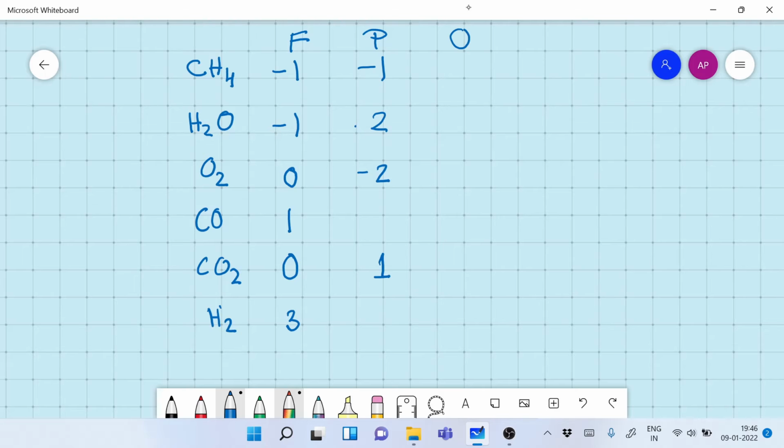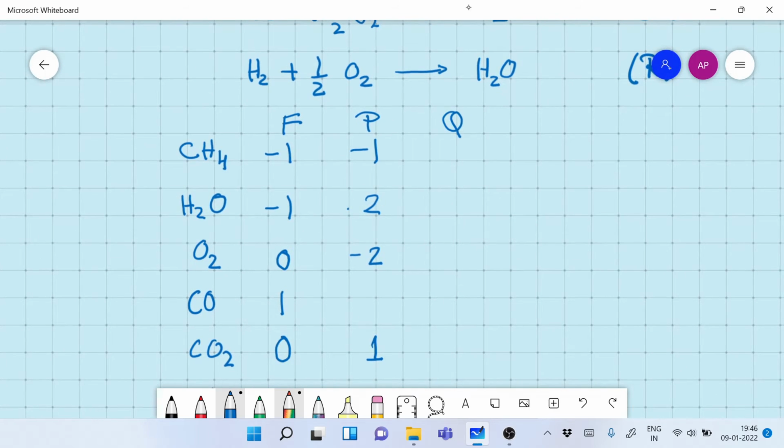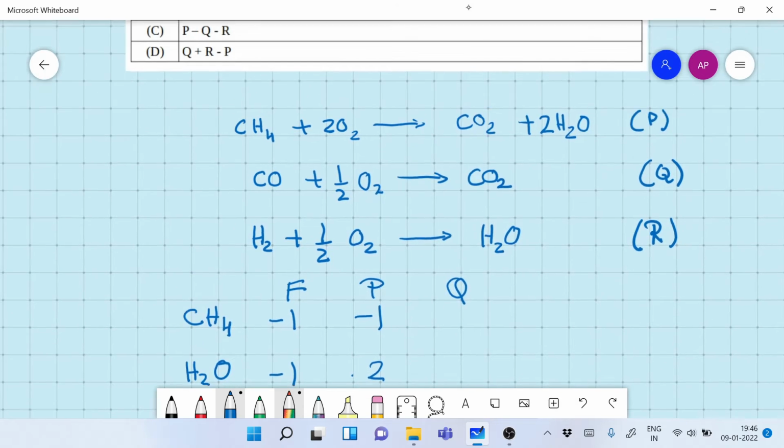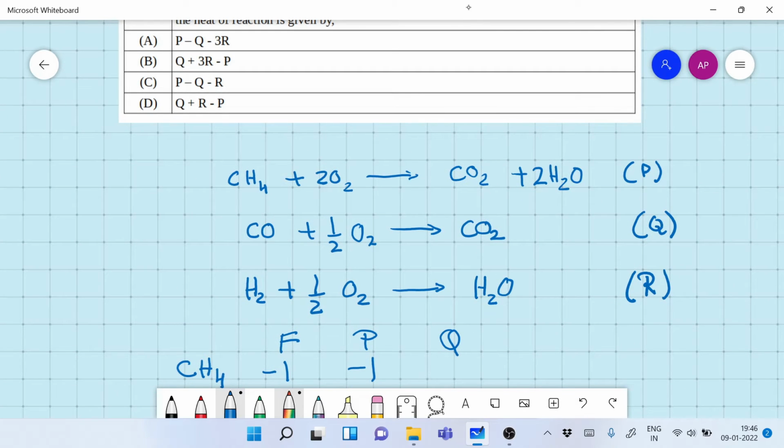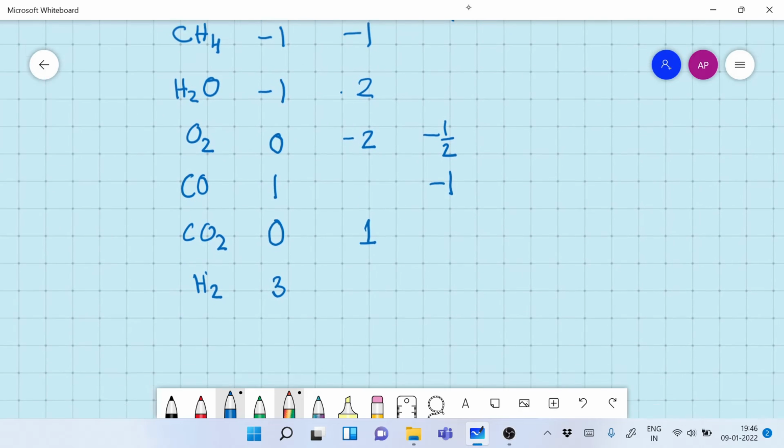For the reaction Q, we have carbon monoxide as -1, oxygen as minus half, and carbon dioxide as 1.